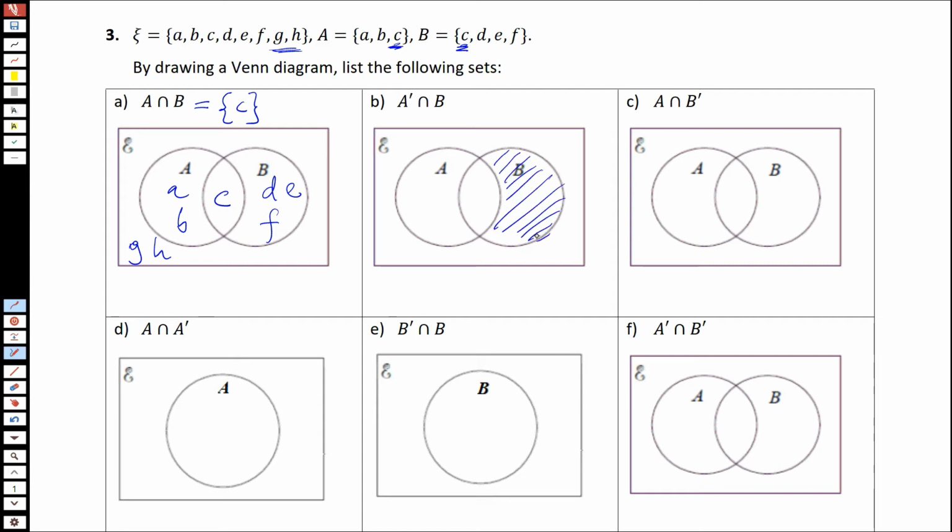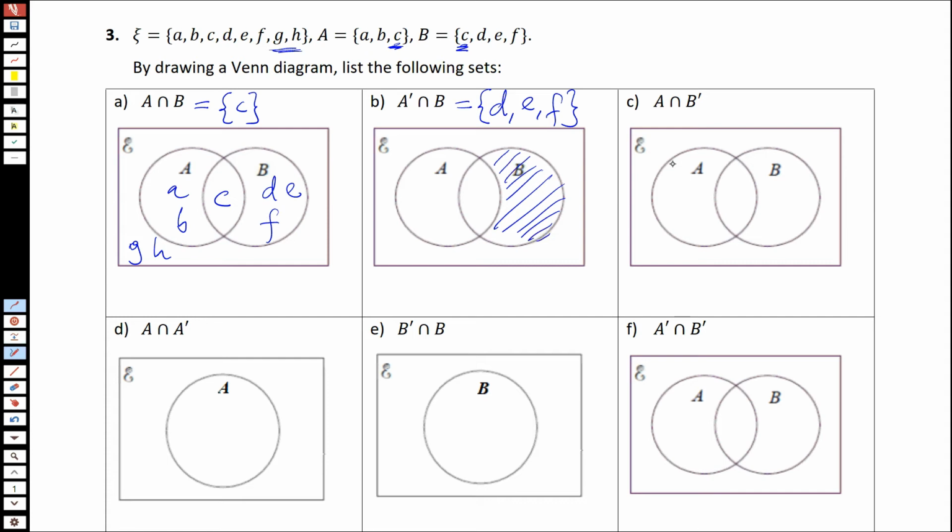So this means everything in B except for anything in its overlap with A. That's just B. And from this Venn diagram here, you can see that will be D, E, and F.